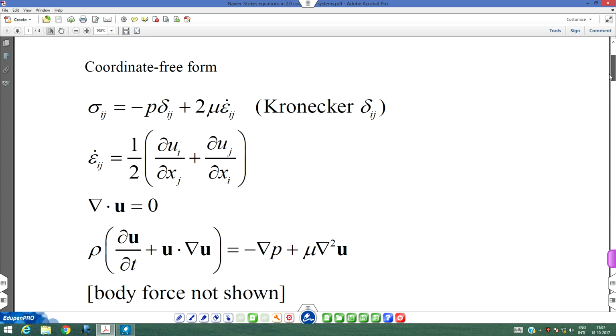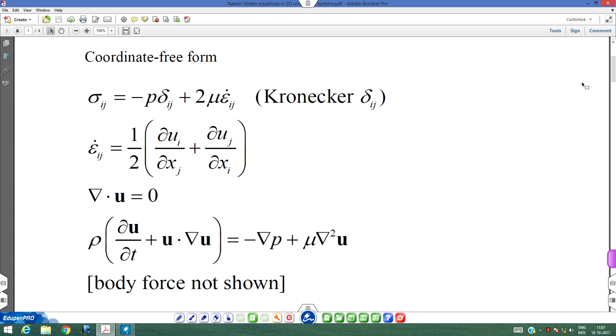So, for bonus the stress strain relationship is also given, sigma_ij equal to minus p delta_ij plus 2 mu epsilon dot_ij. This is all in coordinate free form. So maybe I should have written this as half of del u plus del u transpose. That is the form I wrote during the lectures.